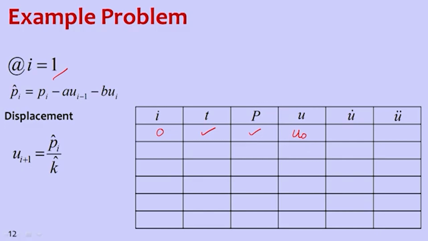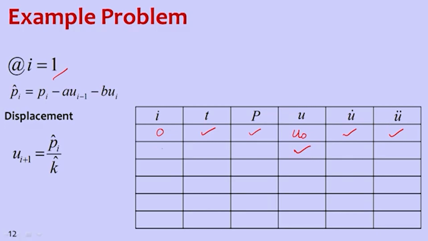So using P0 and t0, we will get U1, but velocity we will get at U0 itself. So these are the initial calculations that we have already mentioned.